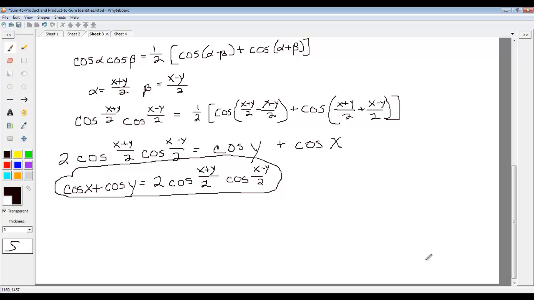And then to get the other cosine one, we actually need to work with sines and so forth again. I know it sounds weird, but we actually do.